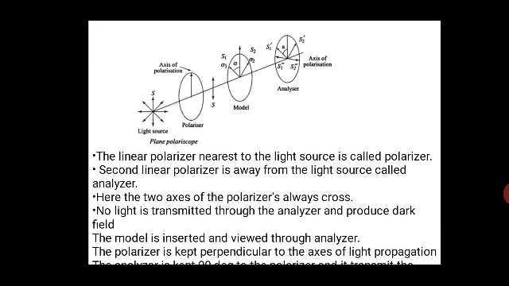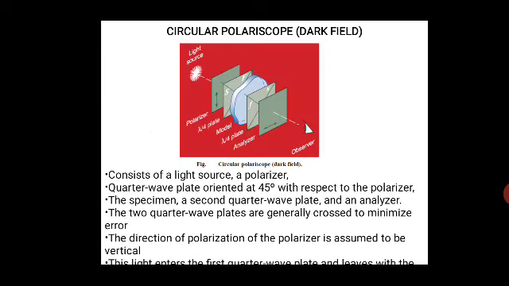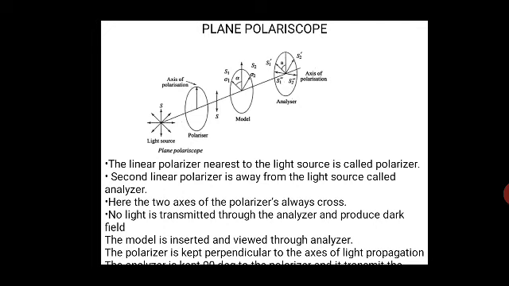The other component, the model which is to be inspected, is placed between the polarizer and the analyzer. The polarizer is kept perpendicular to the axis of propagation, and the analyzer is kept parallel to the model. This is the brief explanation of the plane polariscope.